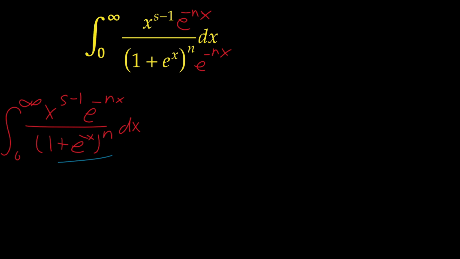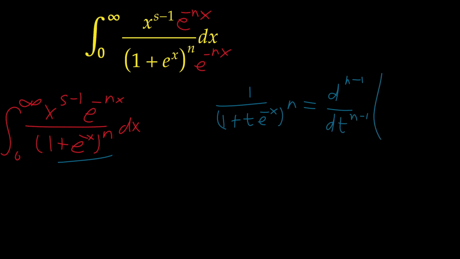That fact is namely that 1 over (1 plus t times e to the minus x) to the n can actually be expressed as the n minus 1st derivative of 1 over 1 plus t e to the minus x.